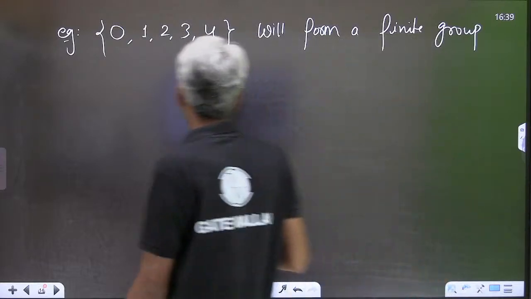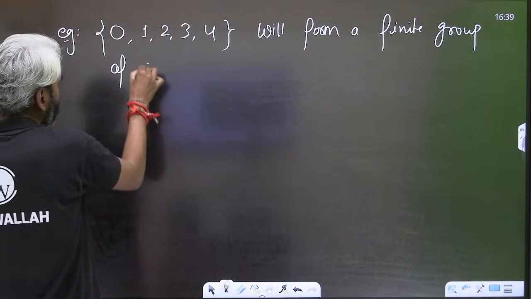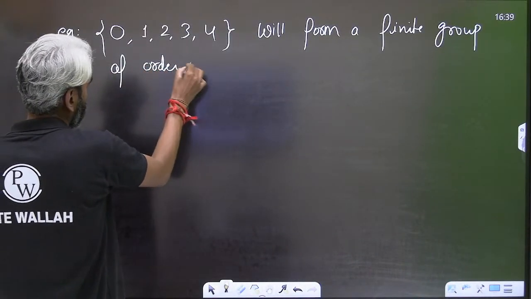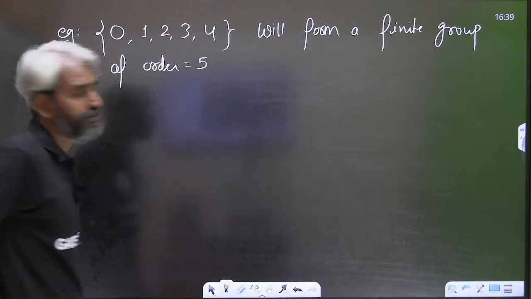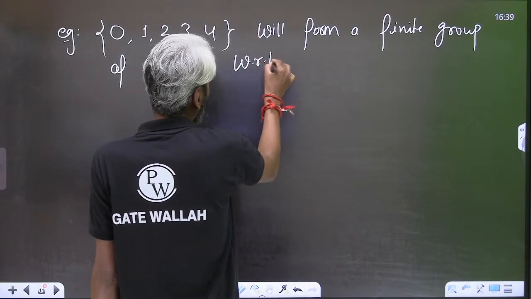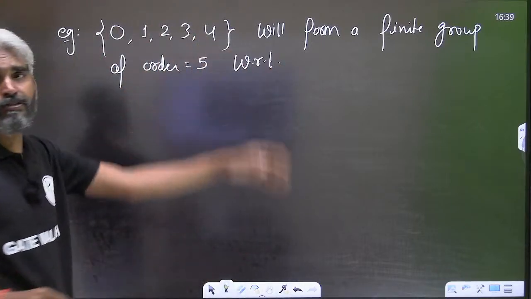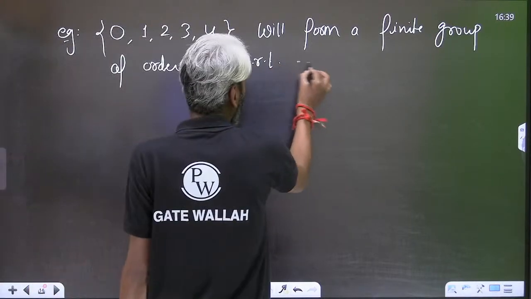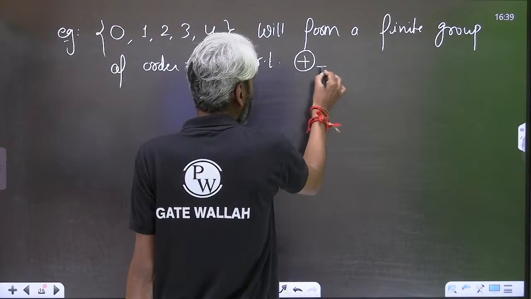How many elements are there in the set? There are 5 elements. It will form a finite group of order 5 with respect to what operation? The elements are between 0 and 5 minus 1, therefore the operation will be addition modulo 5.